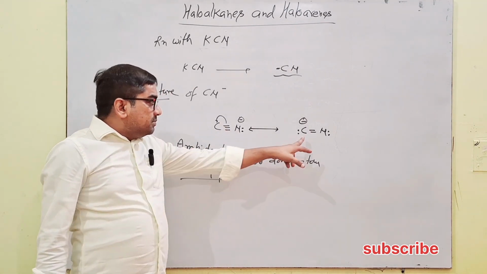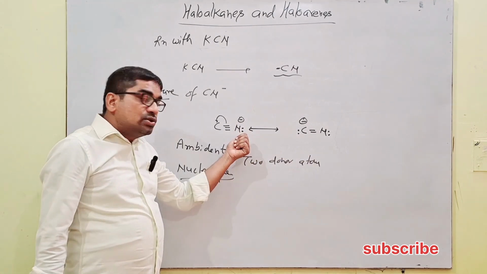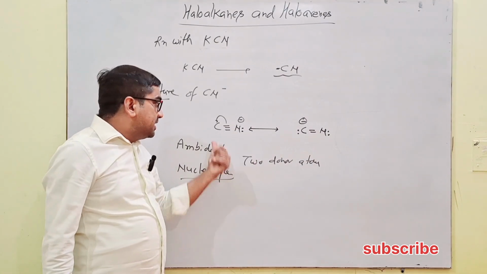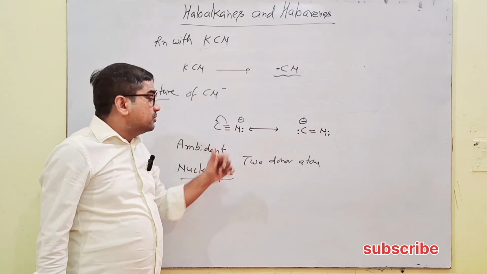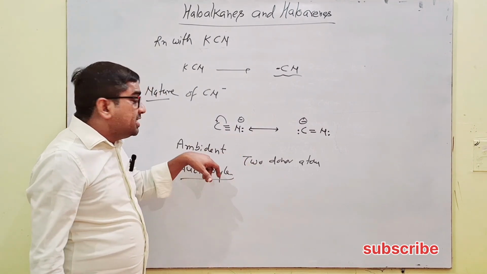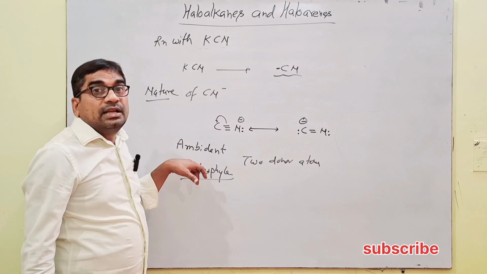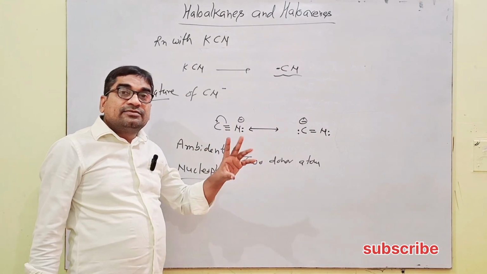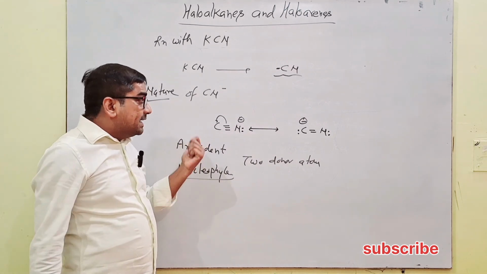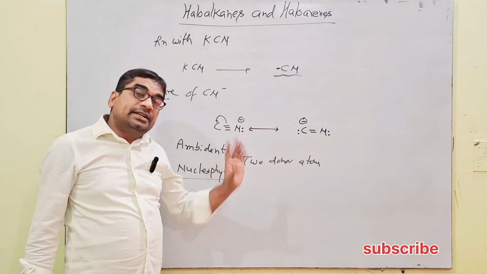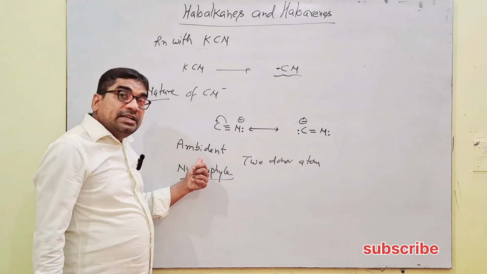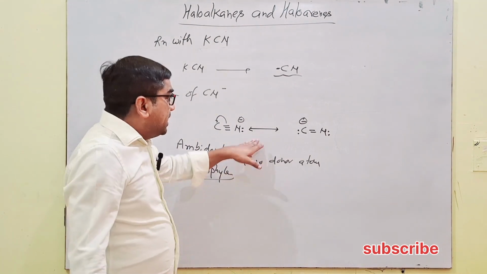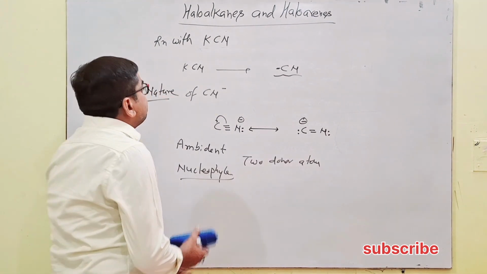Since यहाँ पर कार्बन भी अटैच हो सकता है, नाइट्रोजन भी अटैच हो सकता है, दोनों साइड से अटैचमेंट हो सकता है, that's why इस न्यूक्लियोफाइल को कहेंगे ambident nucleophiles. So what are ambident nucleophiles? Those nucleophiles that may attach from two sides, or that contain two donor atoms, are ambident nucleophiles, and cyanide belongs to the category of ambident nucleophile.